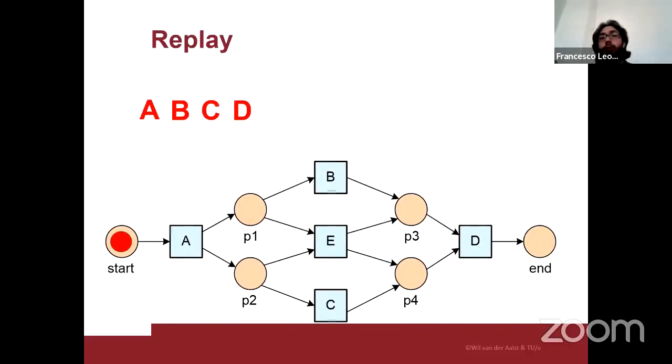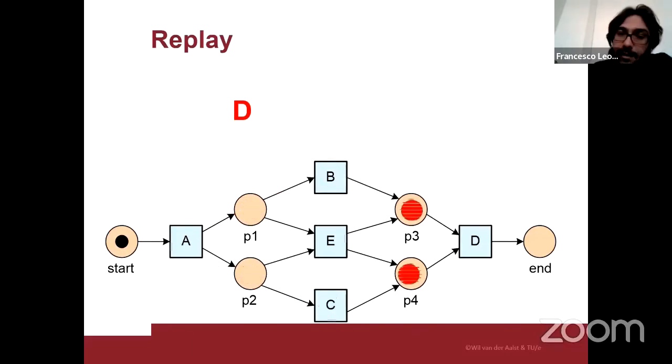Essentially, here we have a very simple view of what conformance checking is: to try to replay the log inside the process model that we have, and to understand whether these two fit. For example, here we have the trace ABCD. And we can see that the trace ABCD can be reproduced inside the process model.